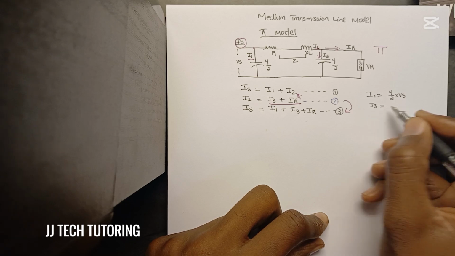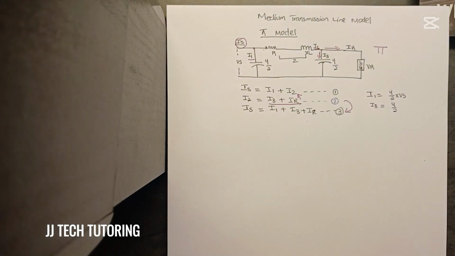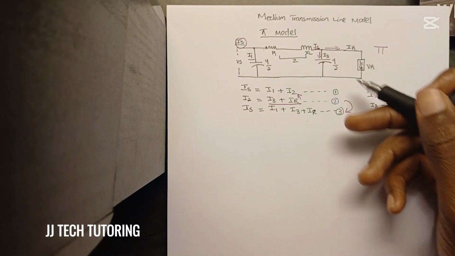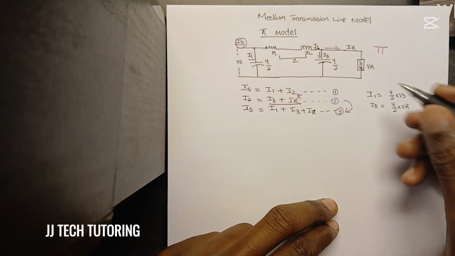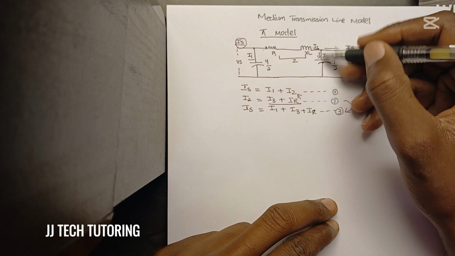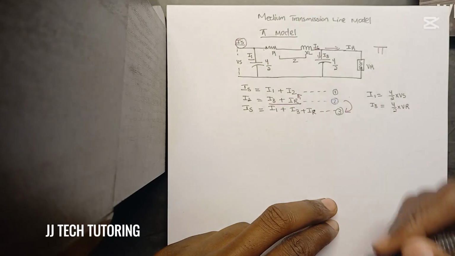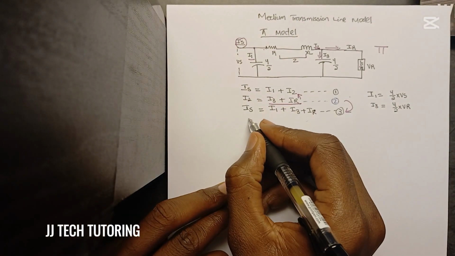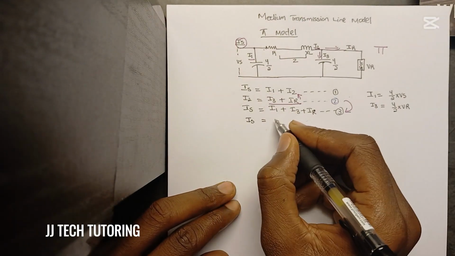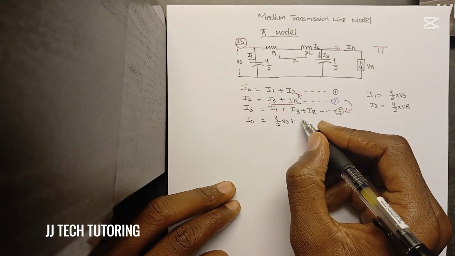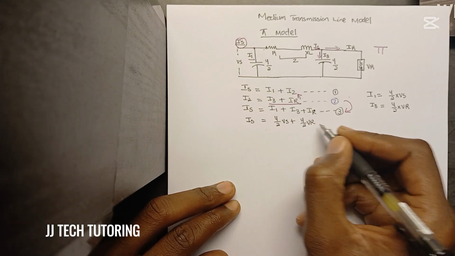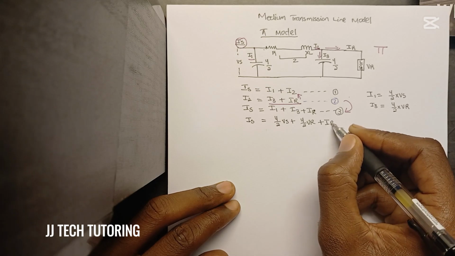I3 is equal to Y over 2, and which voltage are we going to multiply this with? Yes, correct, VR. This voltage is going through this, and that voltage is going through that. So now, IS is equal to Y over 2 Vs plus Y over 2 VR plus IR.